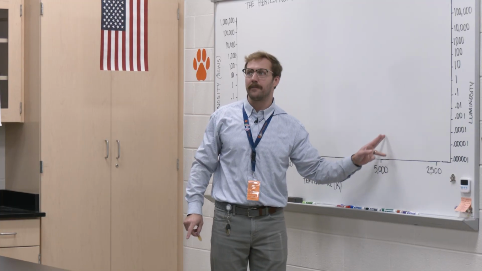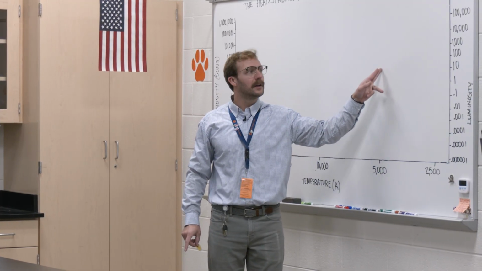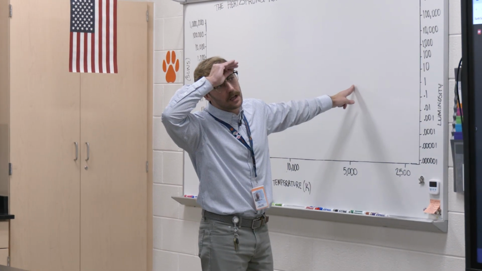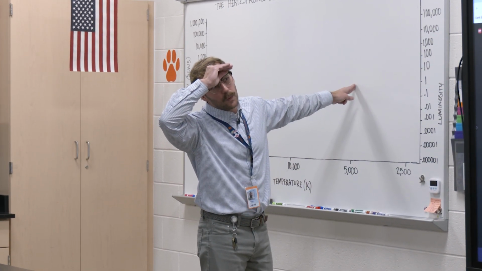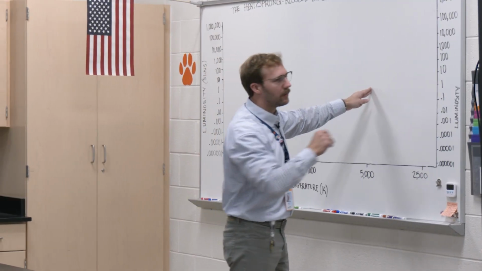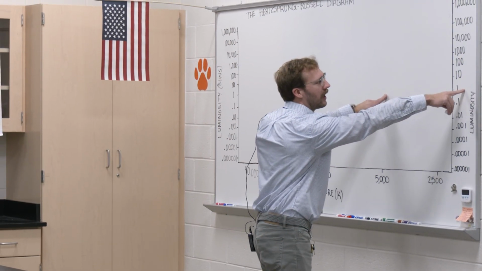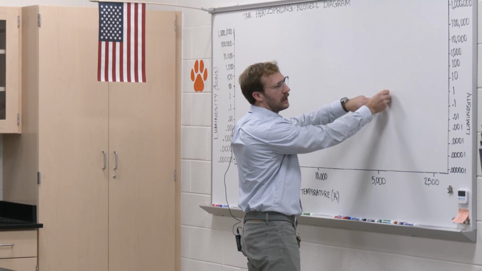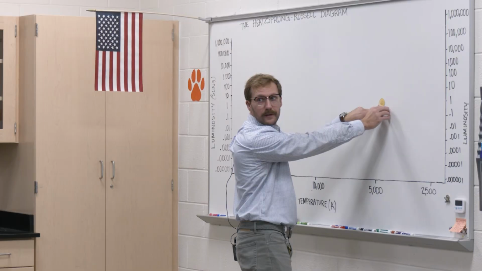Remember, if you guys need help on how to plot this, review that anchor chart. We're going to go straight up from our x value, and we're going to find our y value. We have a luminosity of what for our sun? 1. You get 1 over here. We go straight over, and wherever those two intersect, that's where you're going to plot your star.